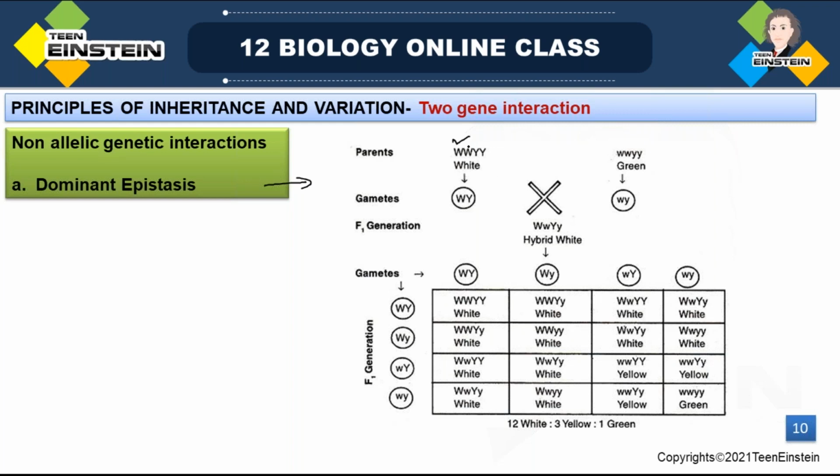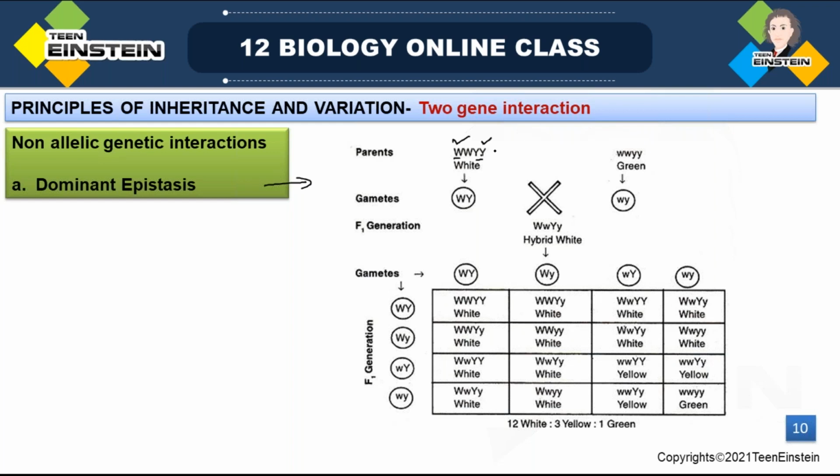But when the dominant white color gene is present, it will not allow the expression of the other dominant gene, so the fruit is white. The dominant gene W suppresses the expression of the dominant yellow gene.